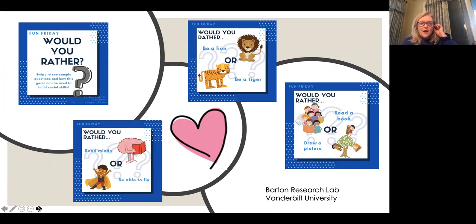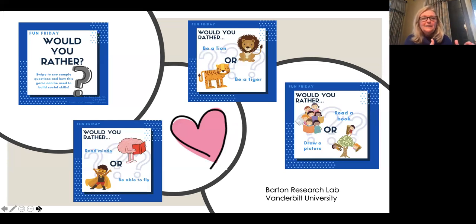Another resource on your resource sheet is the Barton Research Lab. There are tons of resources on that particular site, but one I wanted to point out is called Fun Friday. It was really developed for families, so you can use these to engage families, but you can also use them yourself in classrooms.